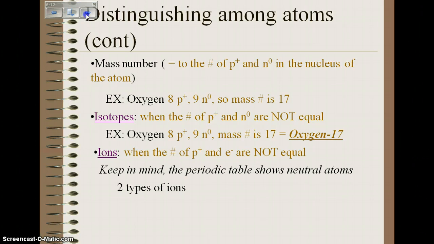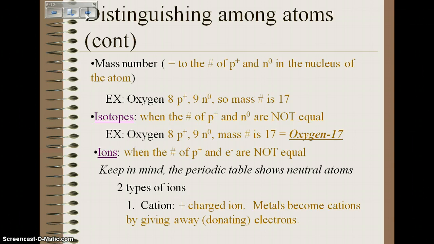Now there are 2 types of ions. Number 1 is a cation. A cation is a positively charged ion. Metals become cations by giving away or donating electrons. Why are they positive? Because there are fewer electrons than protons.